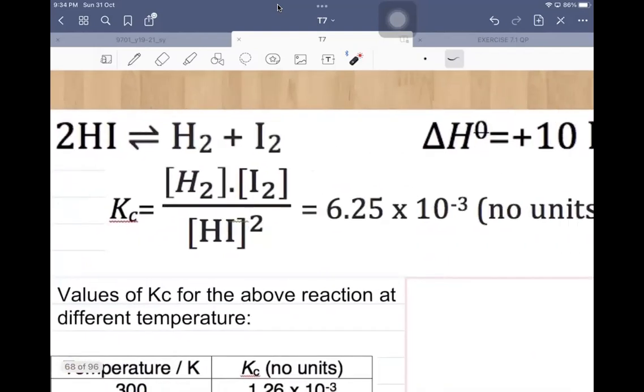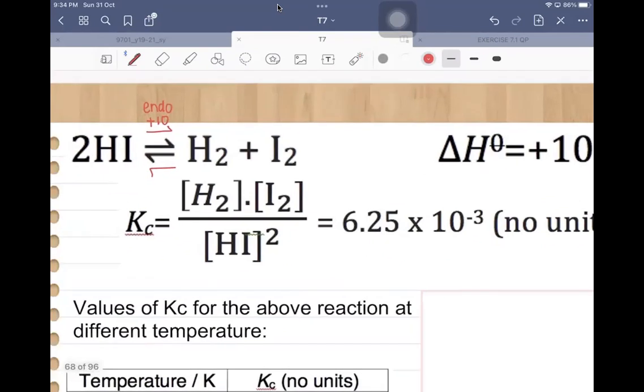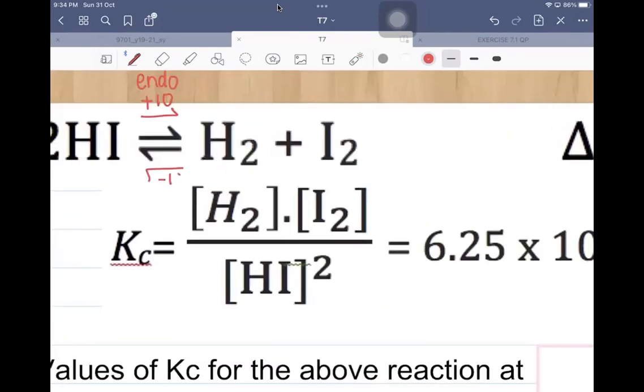That means the forward reaction is endothermic, and the backward or the reverse reaction is exothermic. It has the same size but different sign. Okay, so that's -10, exothermic reaction for the backward or reverse reaction.